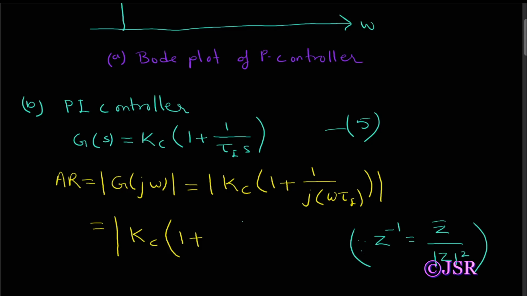So this 1 upon j omega tau I can be written as the complex conjugate of j omega tau I upon omega tau I whole square.